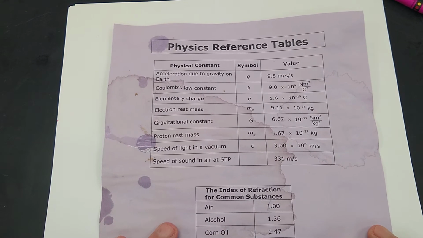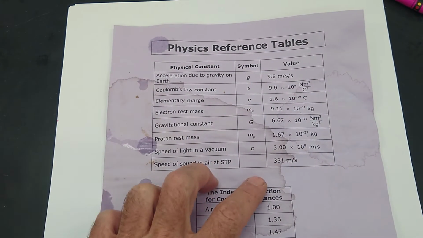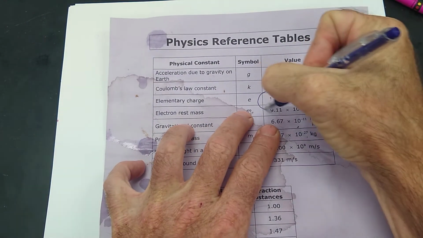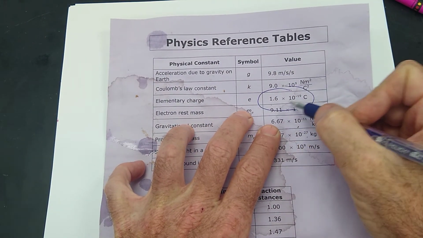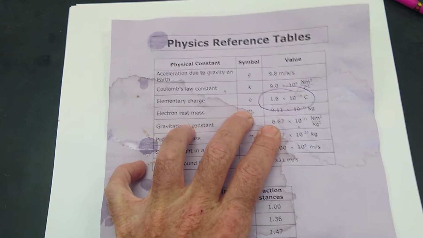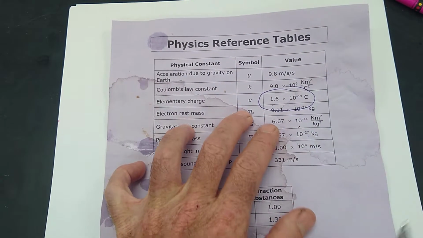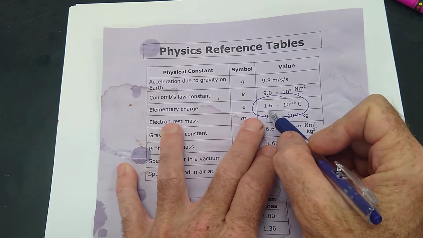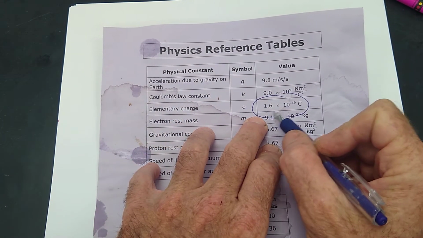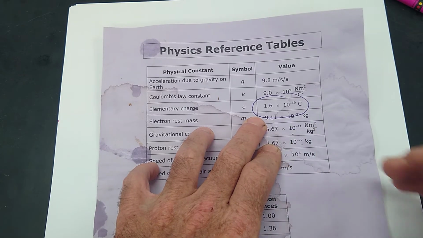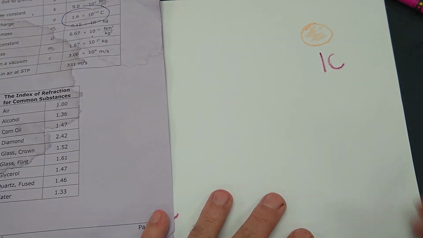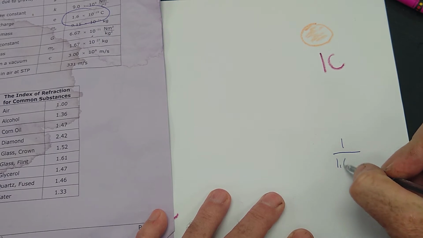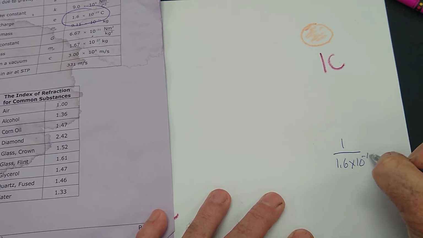Look, I've got some physics reference tables here. And if you look, the elementary charge of an electron is 1.6 times 10 to the negative 19th coulombs, all right? So 1 electron has a very small charge. It's 1.6 times 10 to the negative 19th coulombs. So if we wanted to know how many electrons are in a coulomb, we could say 1 divided by 1.6 times 10 to the negative 19th.